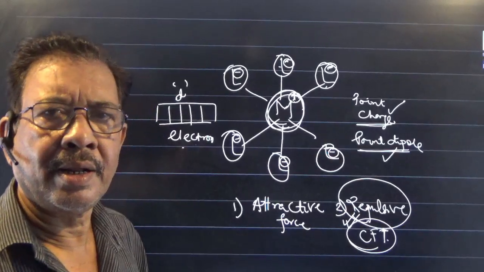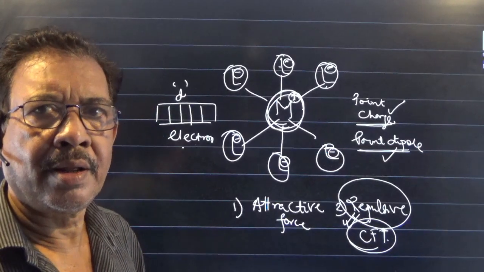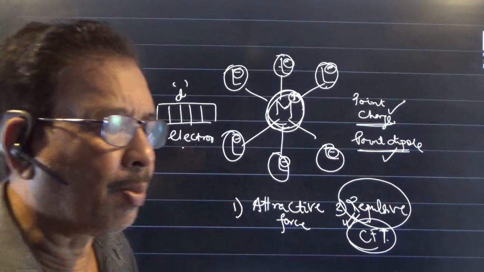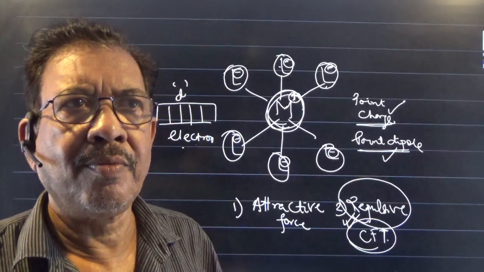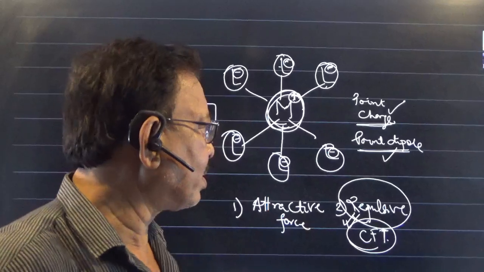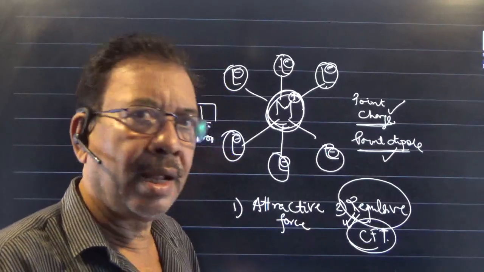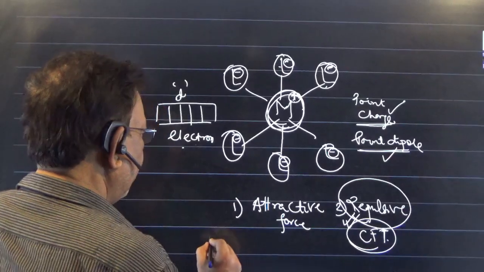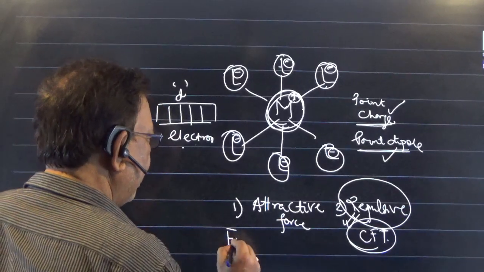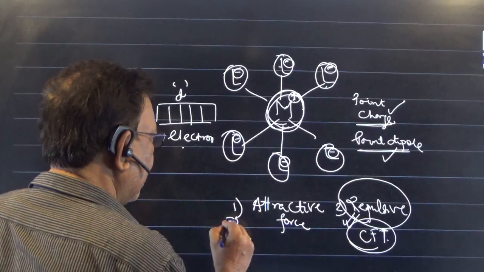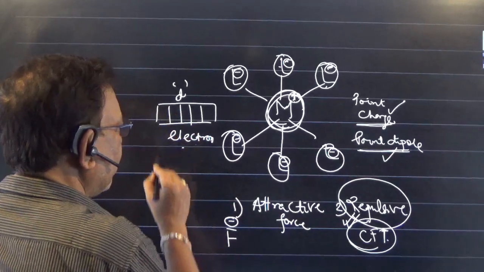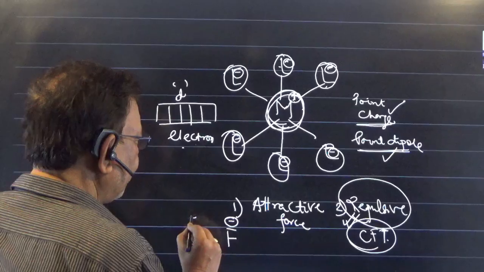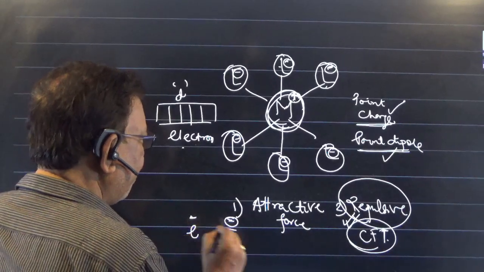How does the repulsive force arise? Fluoride is negatively charged and the d electron is negatively charged, so negatives repel each other.